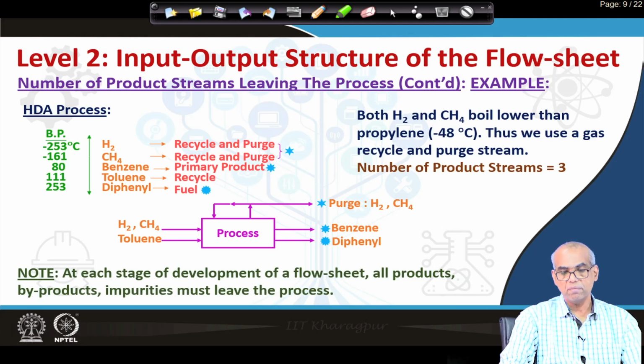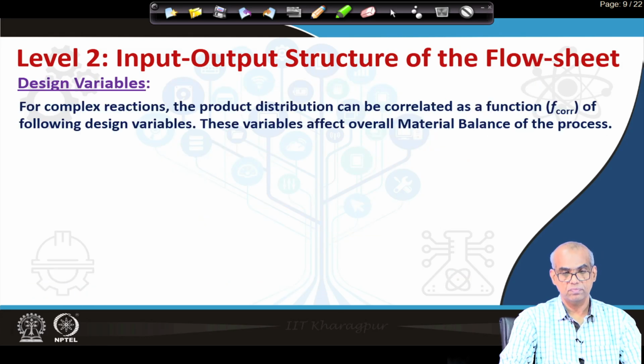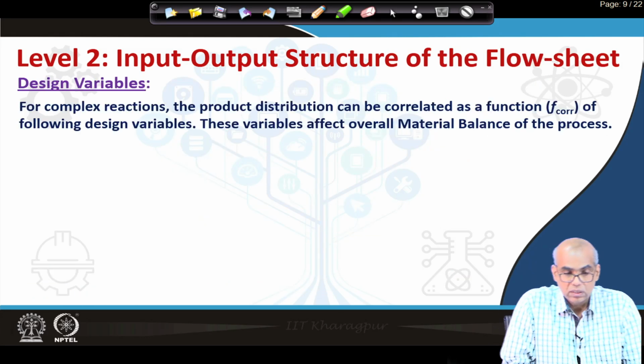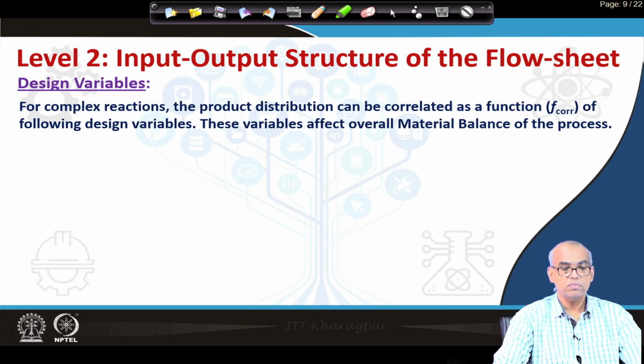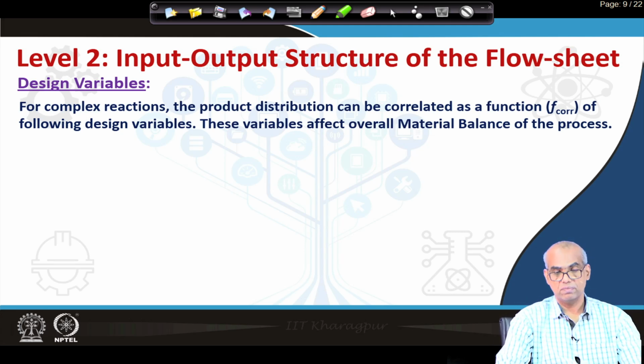At each stage of the development of a flow sheet, you must take care that all products, byproducts, and impurities leave the process. Now, the design variables. For complex reactions, the product distribution can be correlated as a function of certain design variables.